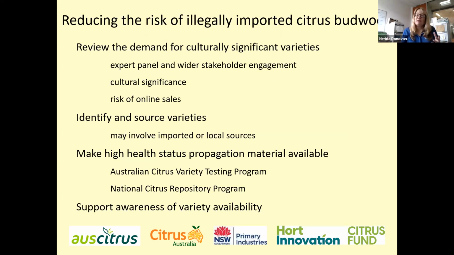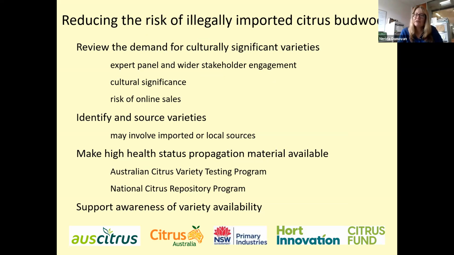There are a number of different programs that are associated to support the Oz Citrus scheme. So there's a fairly new project that Oz Citrus leads, but it's Citrus Australia. So Jess has a big involvement in this project, as well as New South Wales DPI.